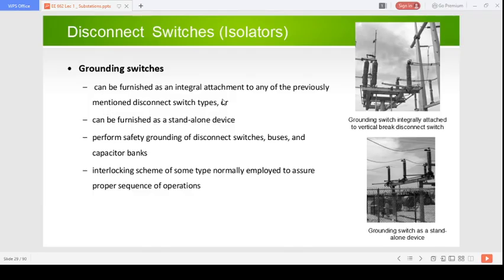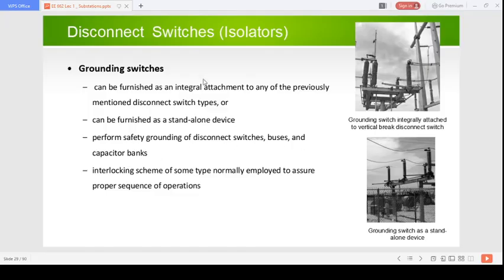So this ground link switch is an integrated part of a disconnect switch. They both go together, as I explained earlier. They can also be furnished as standalone devices. They perform the safety grounding of disconnect switches, buses and capacitor banks.